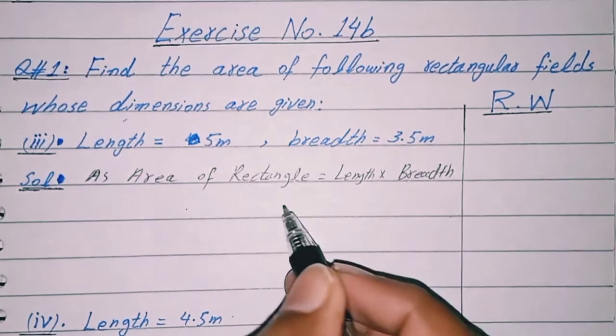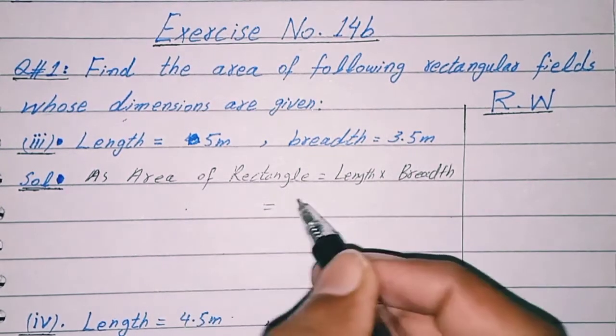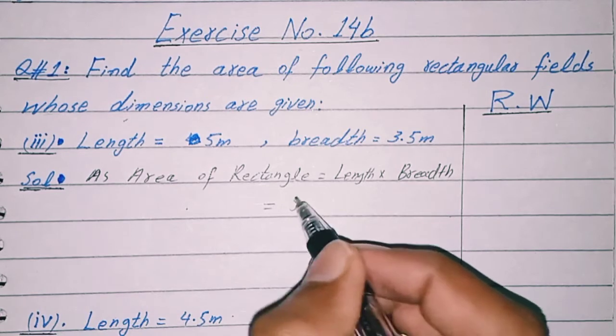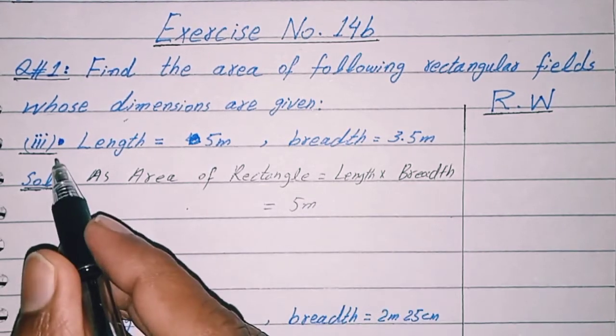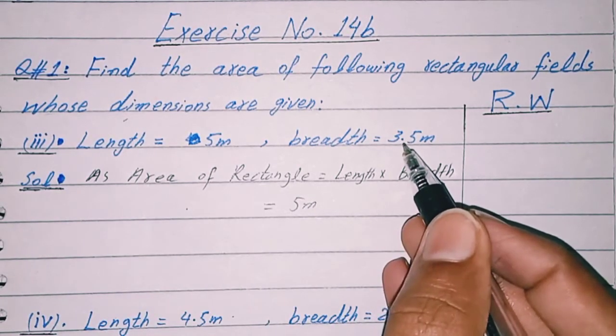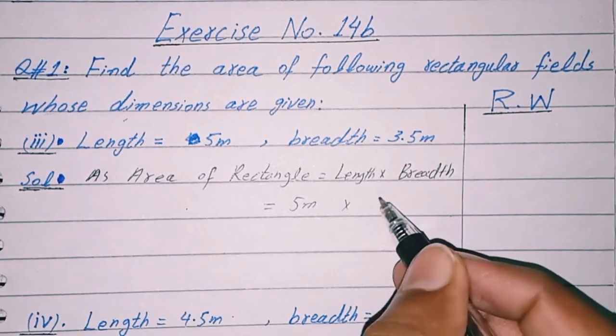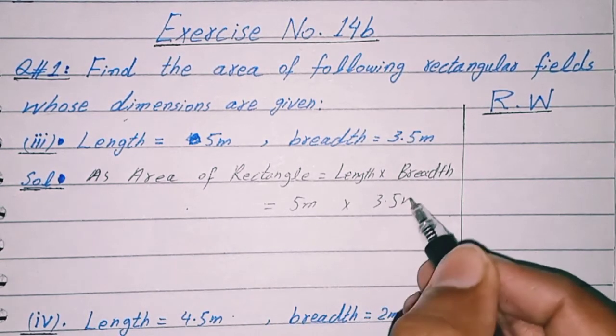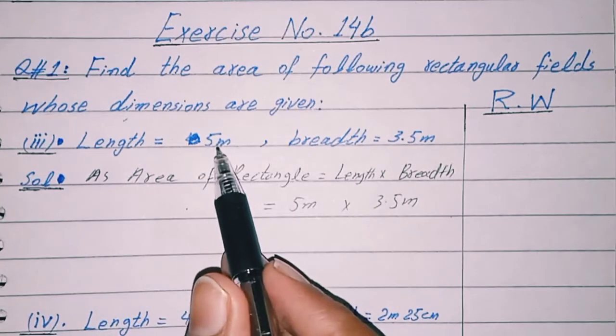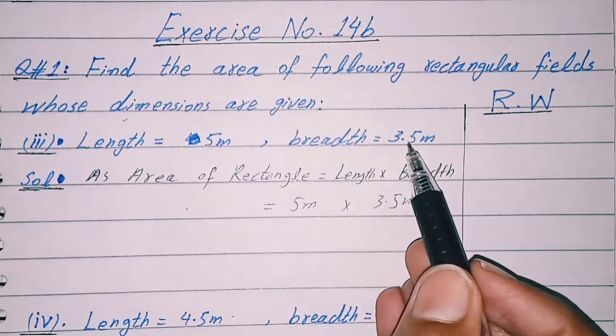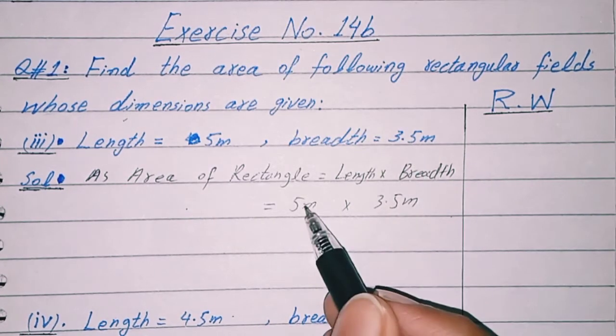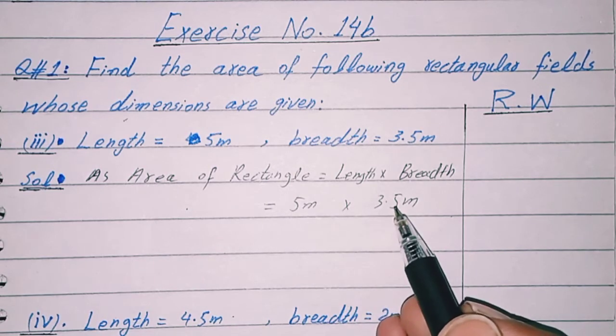So we will put the values. Length is 5 meter in third part and breadth is 3.5 meter. 5 multiply 3.5.